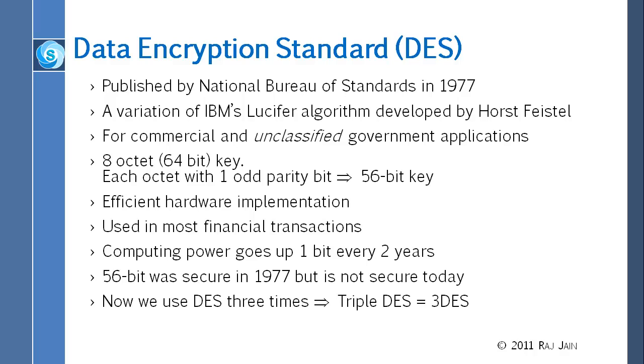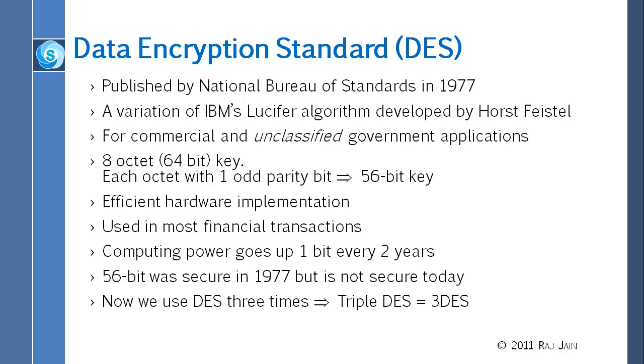Now, since computing power goes up by 1 bit every 2 years, a 56-bit key was secure in 1977, 34 years ago. Now it's 17 bits. It's actually possible to break this computationally. So what we do now is we use triple DES.